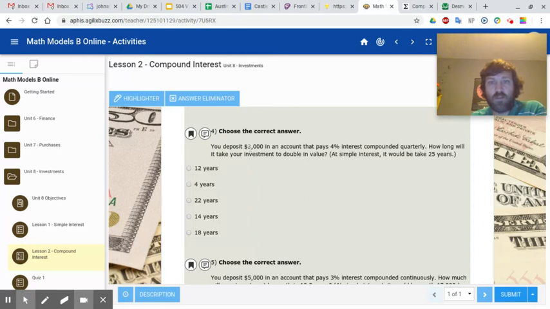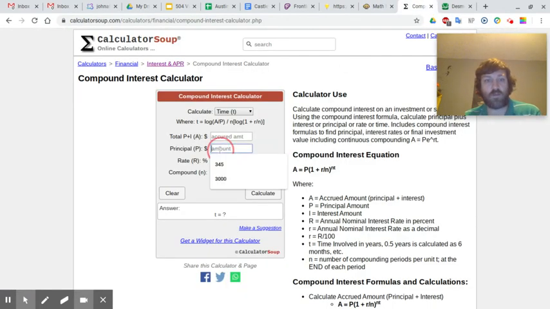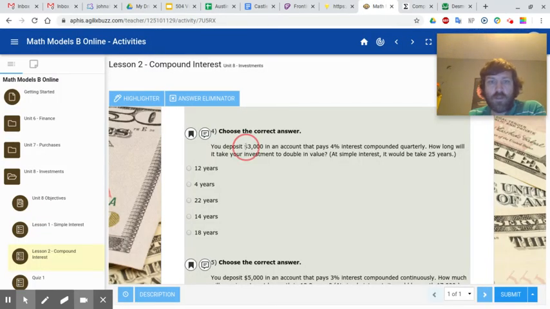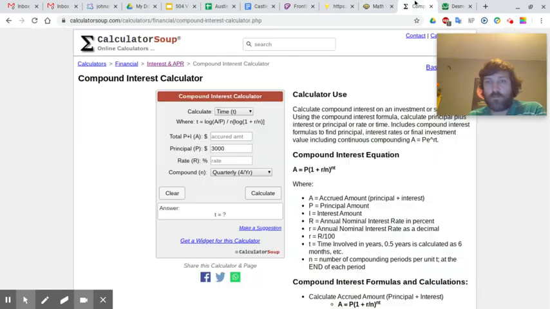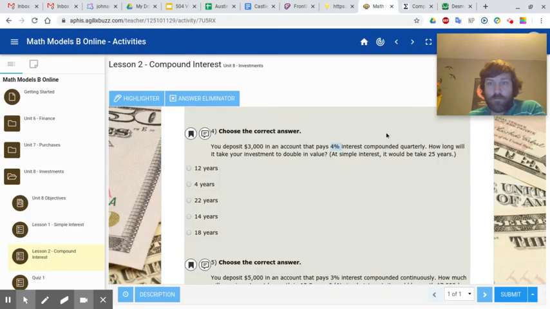So we deposit $3,000 to start there. That's the principal. $3,000 is what we invest. The account pays 4%. How long will it take it to double in value? Oh, it says it compounds quarterly.